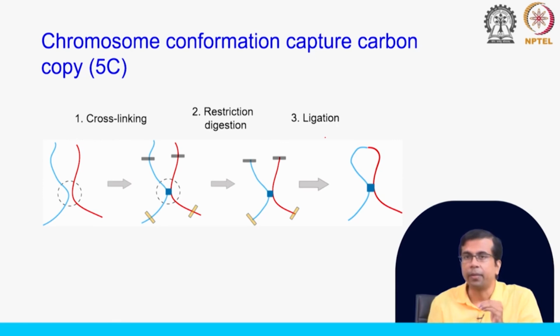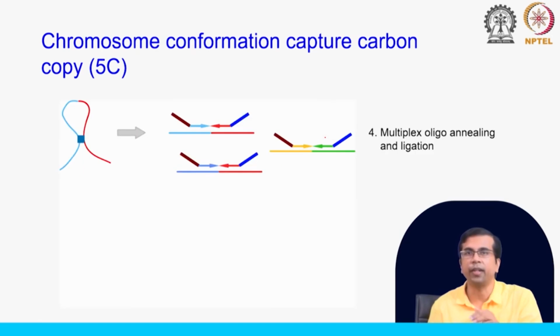The first few steps are exactly identical to 3C, right. You can see the cross linking, the restriction digestion, and ligation. So, you can start with the 3C process, and then you can try 3C or 5C, depending on your need. Here the difference is that instead of the linearization, etc., after the linearization, what happens is something called multiplex oligo annealing and ligation.